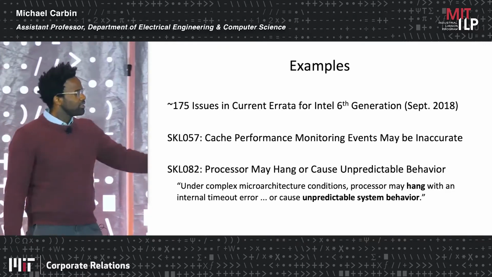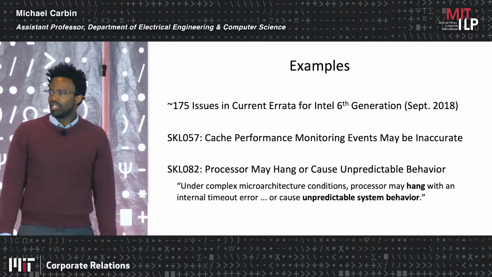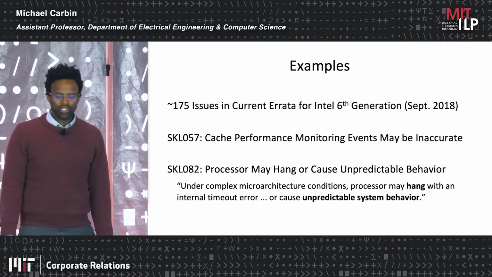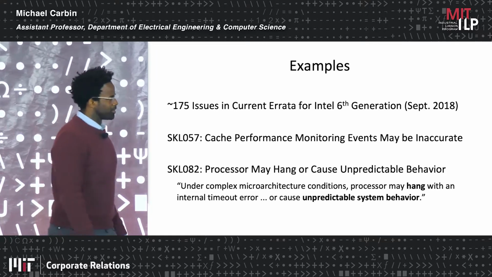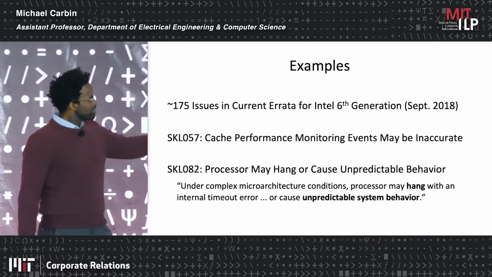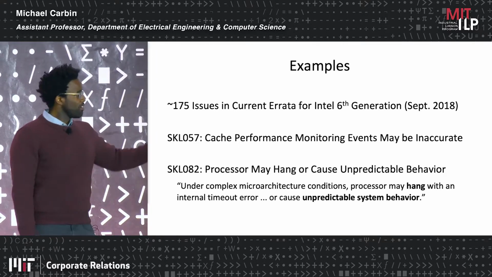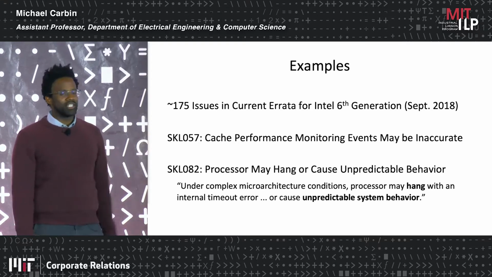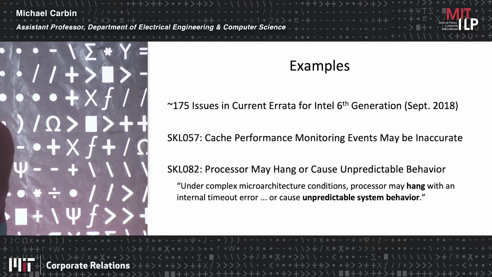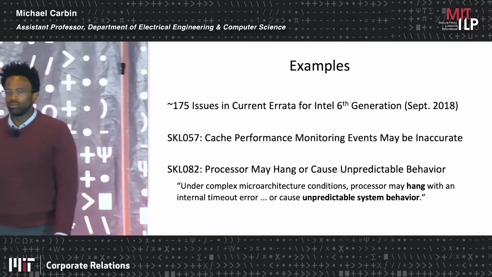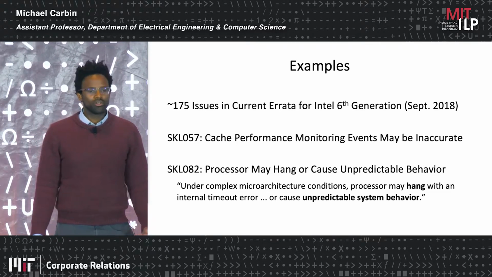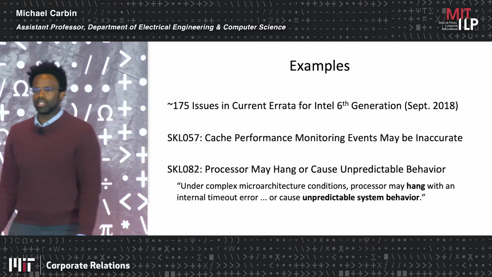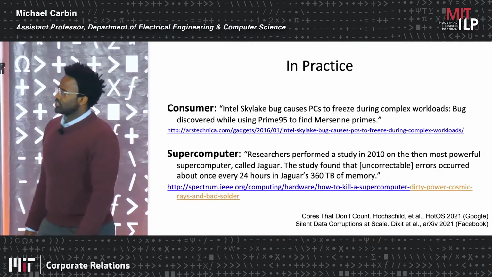But this one here at the bottom can affect many, and in fact, all of us. While it may sound a little benign, it says you may experience unpredictable system behavior. What this really means is that your program or your system can compute and return arbitrarily incorrect results at times. And this happens in practice.